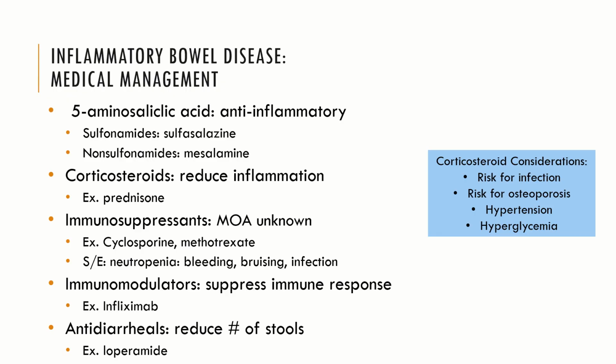Immunosuppressants, that mechanism of action is actually unknown, but immunosuppression is known to help with IBD. Immunomodulators suppress that immune system response, and the antidiarrheal symptom management reduces the number of stools. So depending on what is going on with symptom management, we can pick from these medications. I just want you to know these 5 types of medications that we can use for IBD.